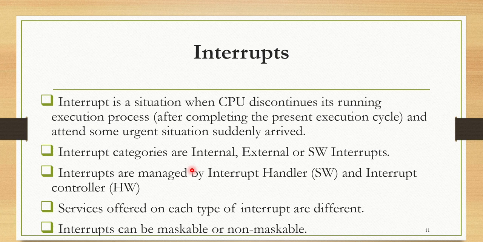Now external interrupt means, suppose we are using the keyboard. You press Enter on the keyboard, it creates an event. Or you click the mouse. So that gives an interrupt to the CPU.